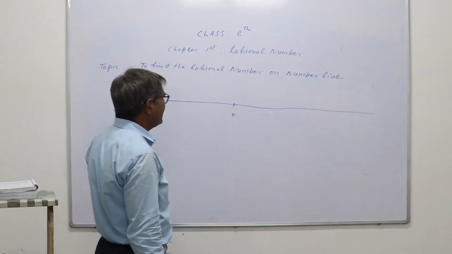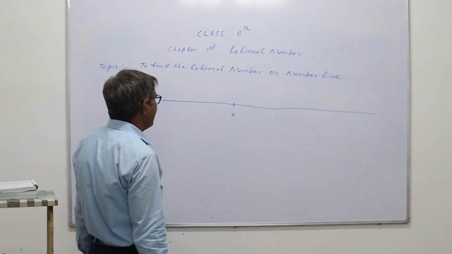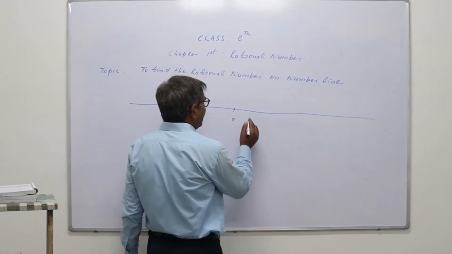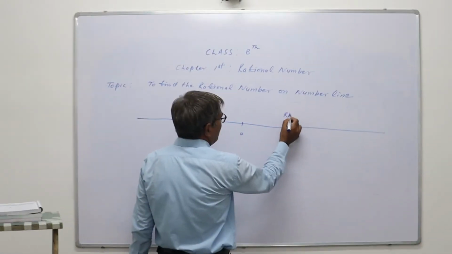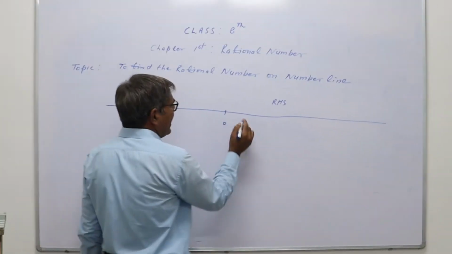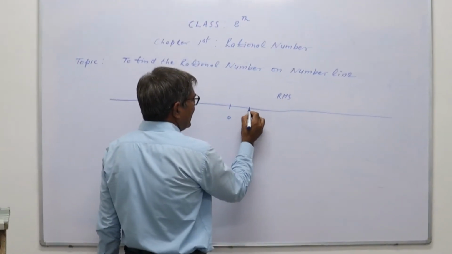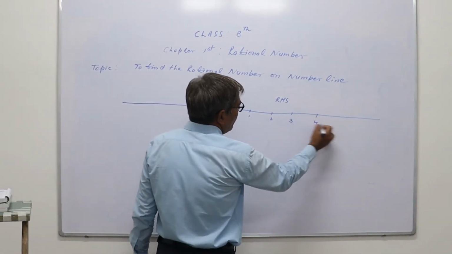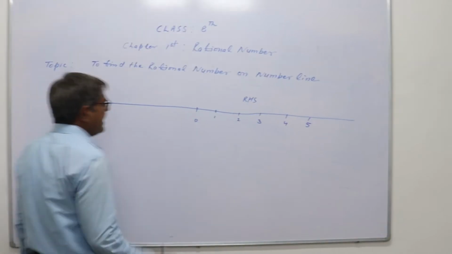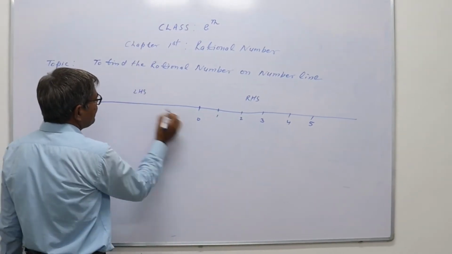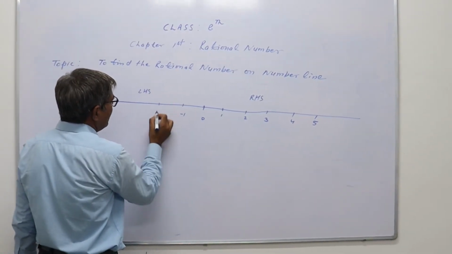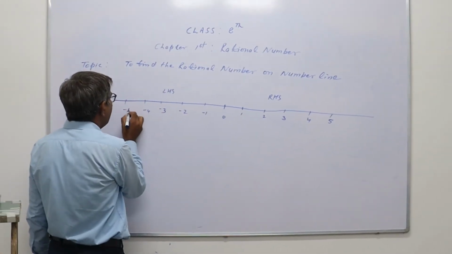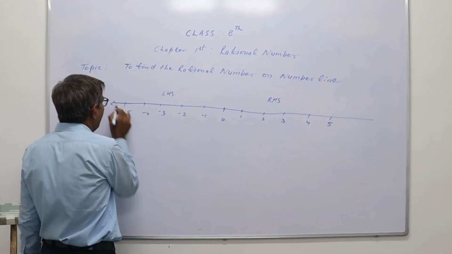Now to represent the integers on this number line, we will represent all the positive integers on the right-hand side of 0 at unit distance: 1, 2, 3, 4, 5, and similarly on the left-hand side -1, -2, -3, -4, -5 and so on.